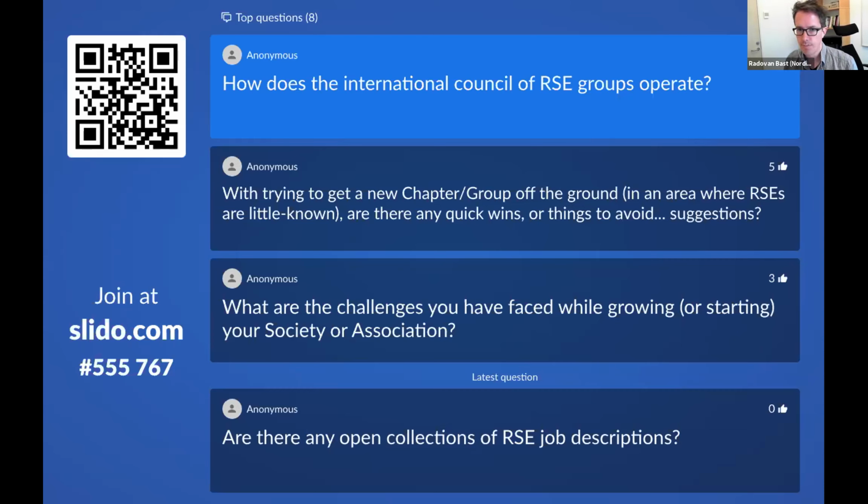It's about exchanging information, like we do here, exchanging expertise, also maybe lifting some questions that are relevant for other chapters. More concretely, it's about organizing events such as the International RSE Day, October 14.